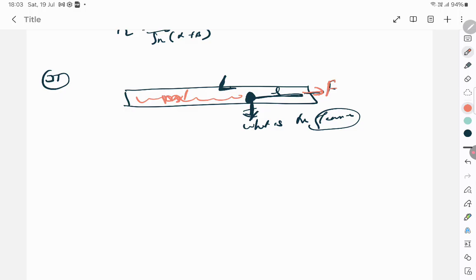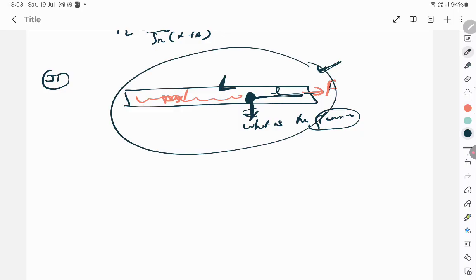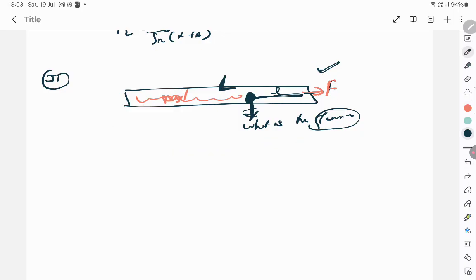Only the mass which is behind this point, especially when moving towards the right, will contribute to the tension. So I need to find this m dash.